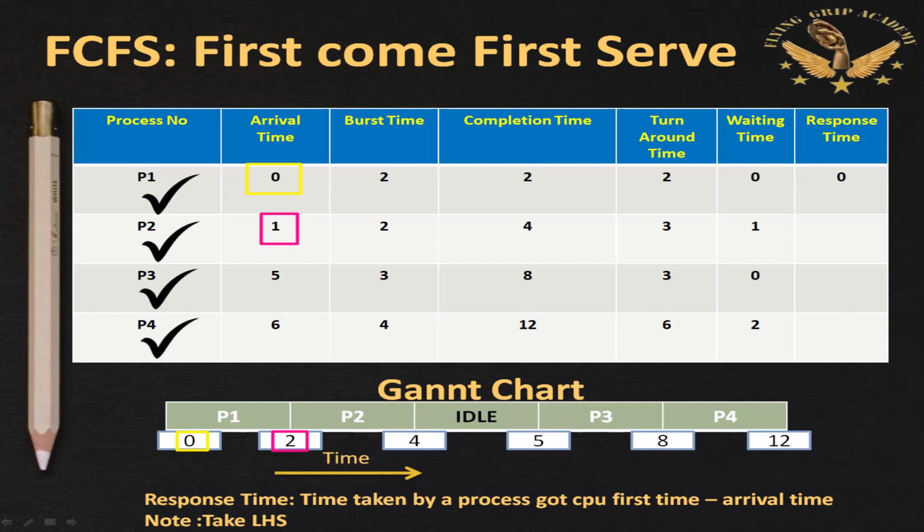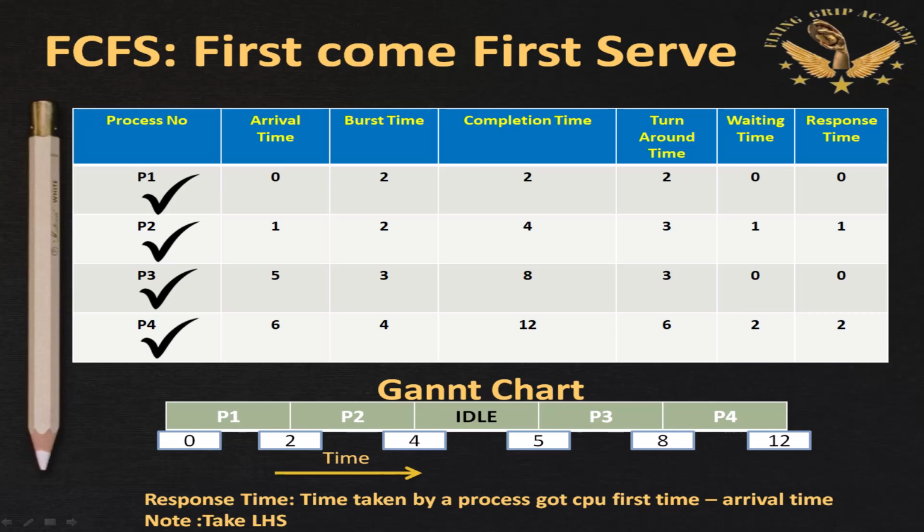Next P3 at 5. So 5 minus 5 which is 0. Next P4. P4 is 8. So 8 minus 6 which is 2. In this manner we calculate the values for first come first serve.